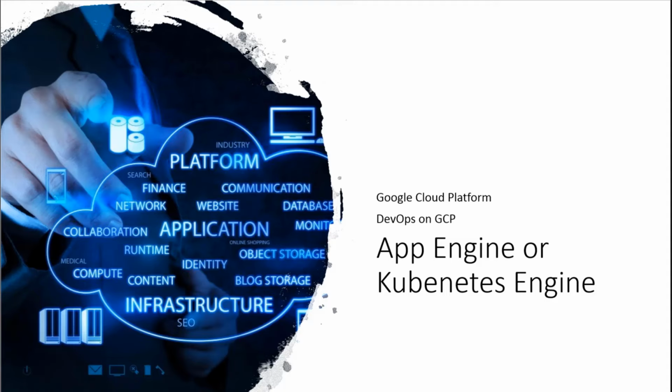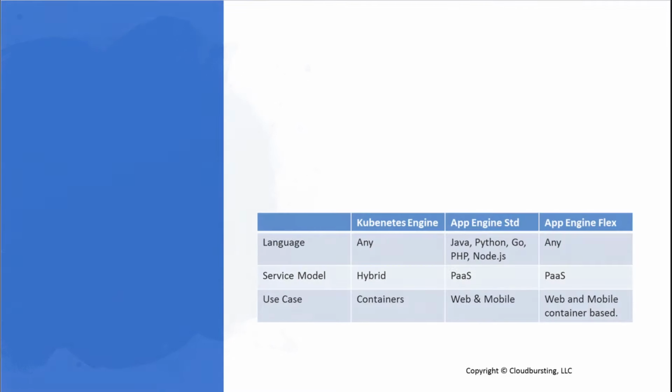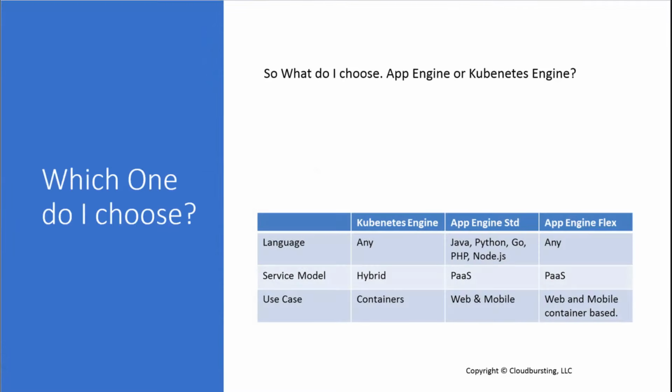Now let's talk about why you may want to choose App Engine, or you may want to choose Kubernetes Engine to deploy your application on. That's a really good question and a common question I get. So I wanted to address that because it is an extremely interesting question, in the sense that a lot of the features and functions are the same in some respects.